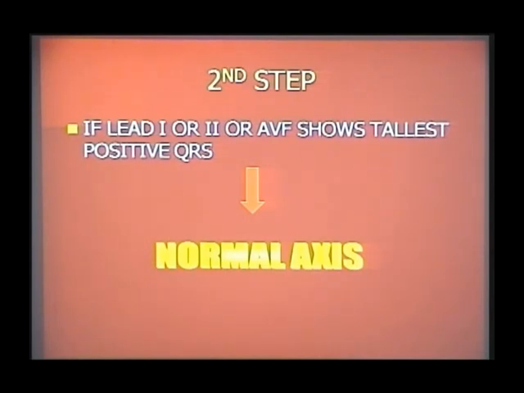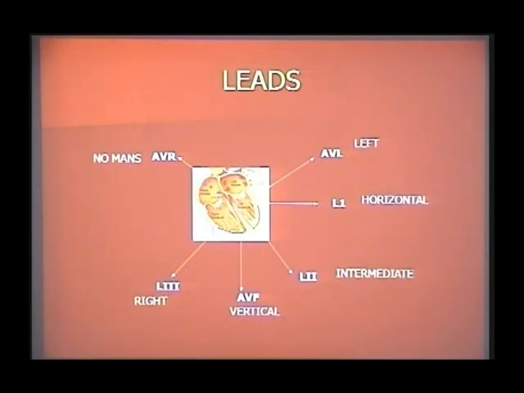I'll tell you why. This is my heart, isn't it? My heart is here. My left ventricle is like this. My L1 is here, my L2 is here, my AVF is here. My impulse is likely to come towards my AVF, left ventricle only. That means it has to come in this quadrant only, no? So this quadrant is governed by 3 leads, L1, L2 and AVF.